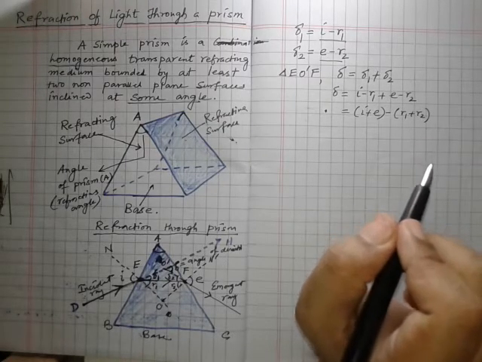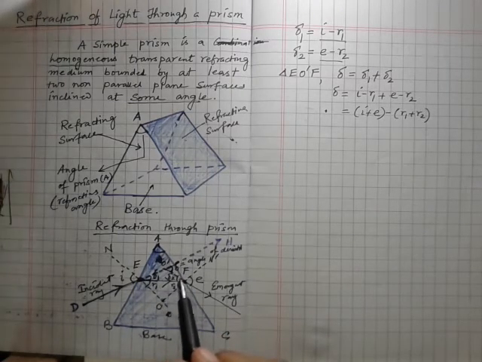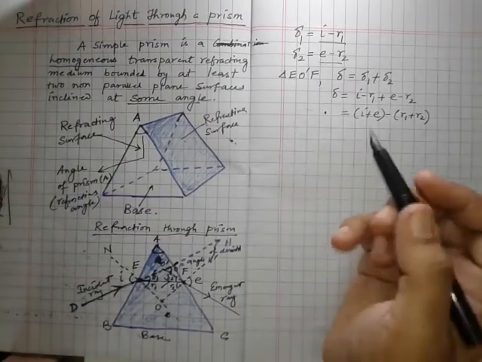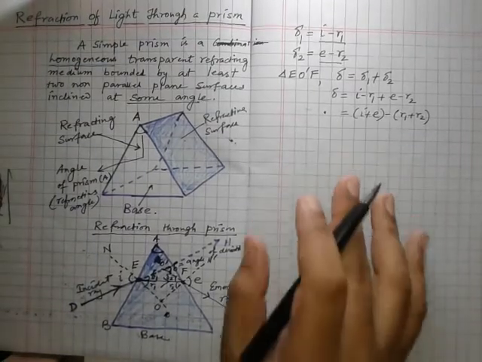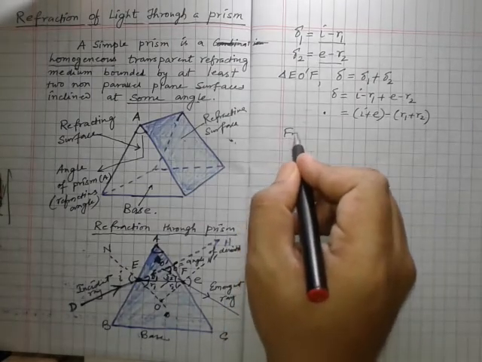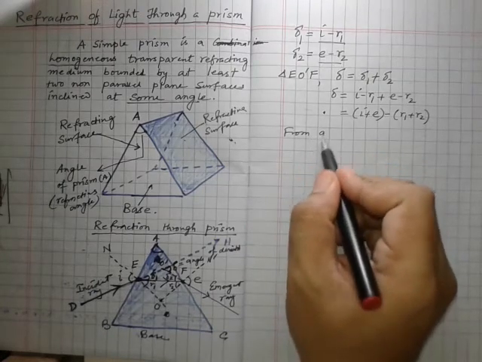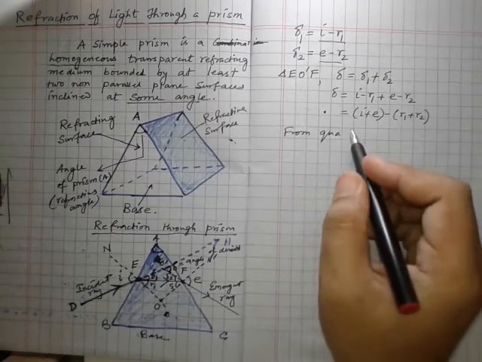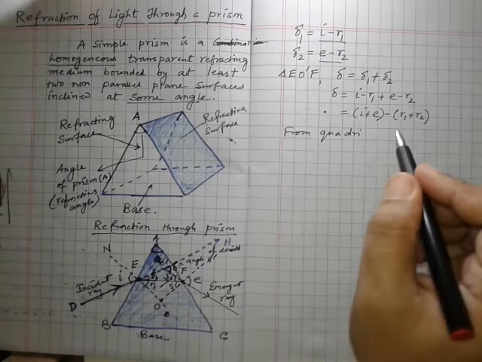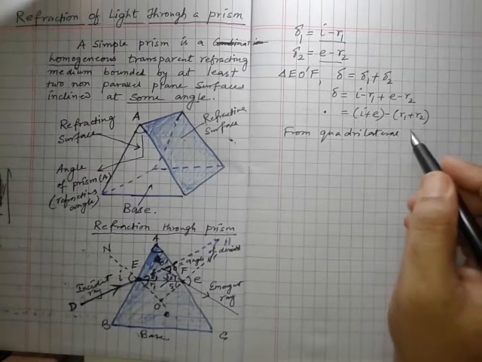Now you can also find here AEOF. This is a quadrilateral. So from the quadrilateral, AEOF is the name.